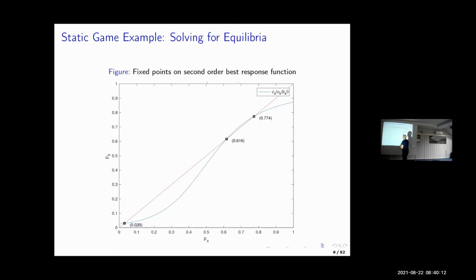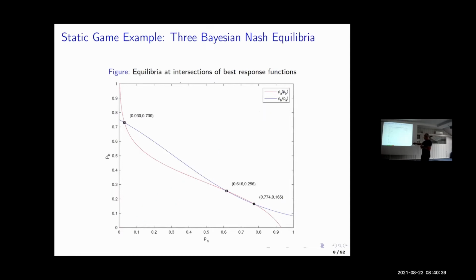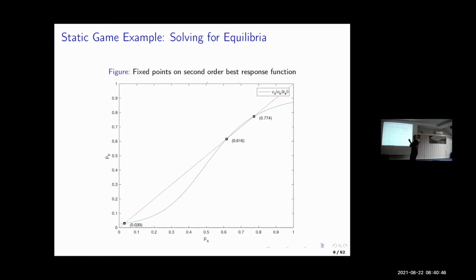Here I substituted the best response function of firm B into the best response function of firm A, and then you get a mapping from choice probabilities for firm A to firm A. Then you just need to find a fixed point on this curve, which corresponds to these response probabilities for firm A. If you get this second order best response function, you could do successive approximations to see if this is converging.